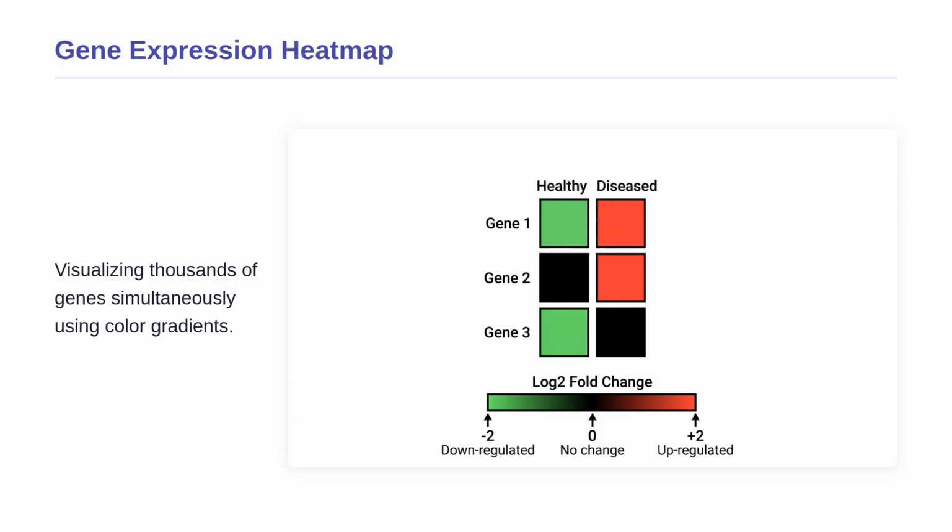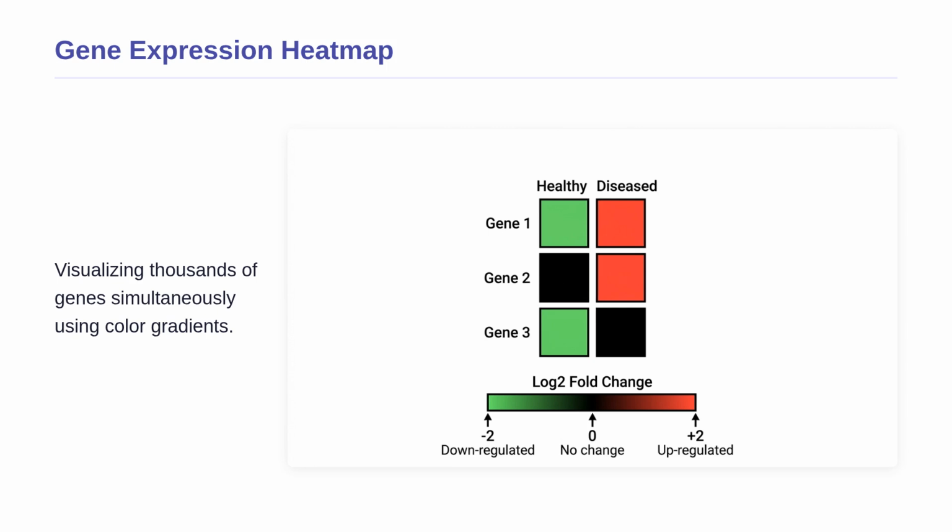Having calculated these metrics, let us visualize how scientists look at thousands of genes at once. What you are seeing here is a gene expression heat map, a very common diagram in computational biology. The columns represent different samples, such as a healthy patient on the left and a diseased patient on the right. The rows represent different genes, labeled gene 1, 2, and 3.